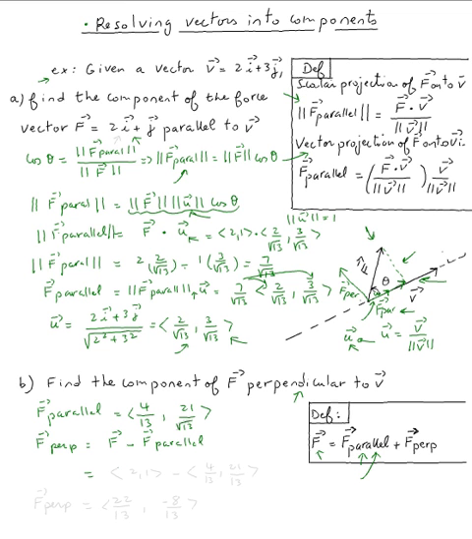Which is equal to, F is given, it's right there, (2, 1), minus F parallel, which is (14 over 13, 21 over 13), by the way, this is 13.